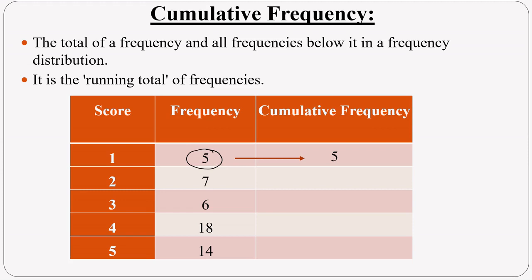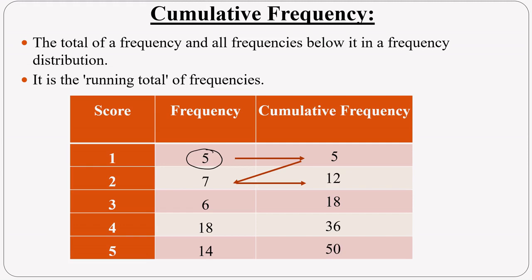Second, we need to add the 5 with the corresponding frequency below, 7. So 5 plus 7 will be 12. Next, 12 plus 6 will be 18. 18 plus 18 will be 36. 36 plus 14 will be 50. This is the example to understand cumulative frequency.